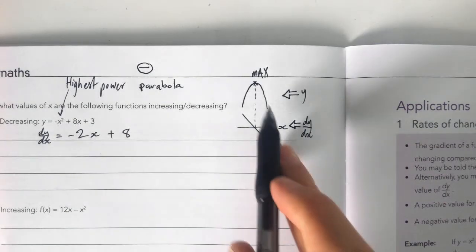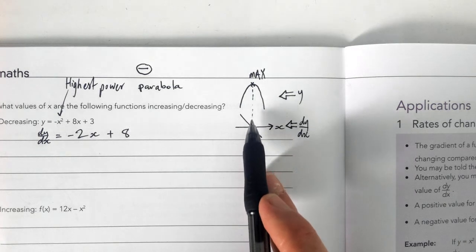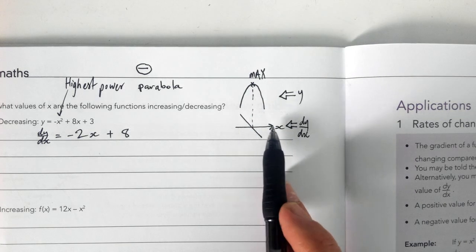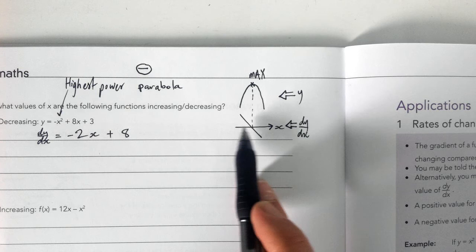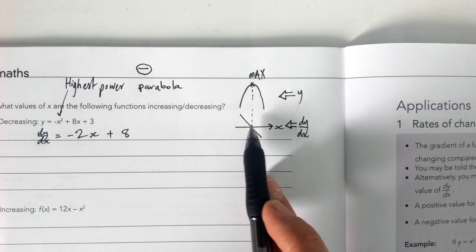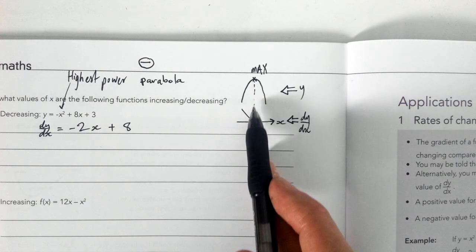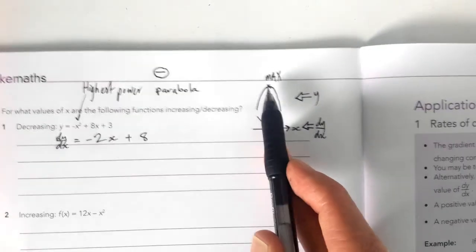Now, to find out where that turning point is, all we need to do is set that to 0, because 0 is going to tell us where this line crosses over, or where the x-intercept is, and that will inform us as to where the maximum is.